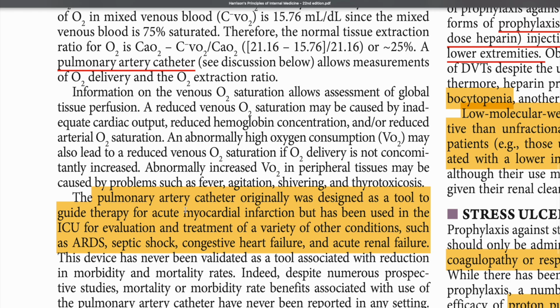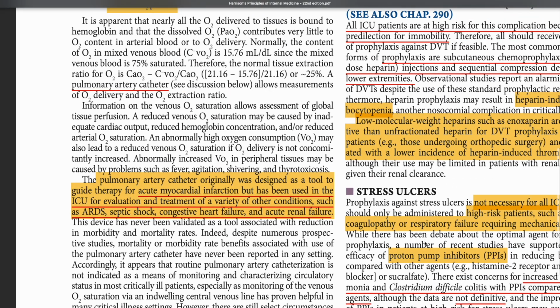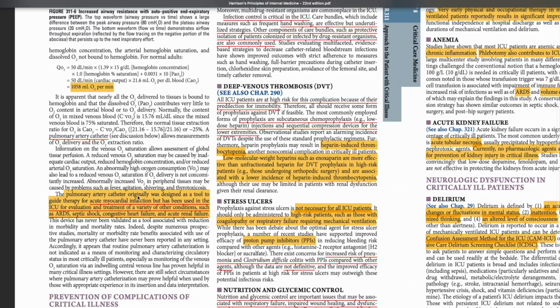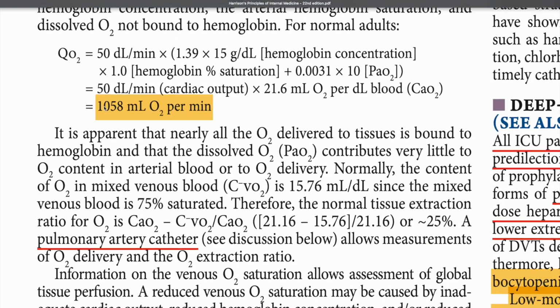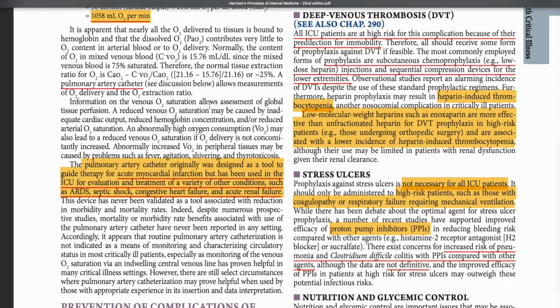The pulmonary artery catheter was originally designed as a tool to guide therapy for acute myocardial infarction, but has been used in ICU evaluation and treatment of a variety of other conditions such as ARDS, septic shock, congestive heart failure, and acute renal failure. So that's what they say in this part. You can just remember this value. No need to get deep and confuse yourself.